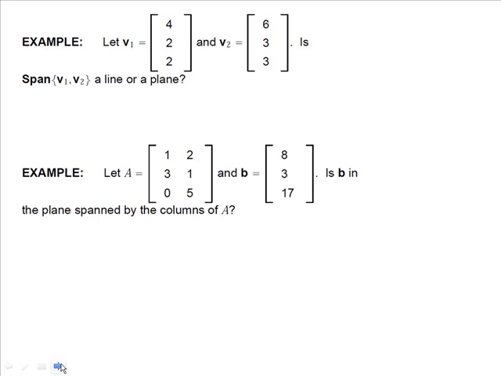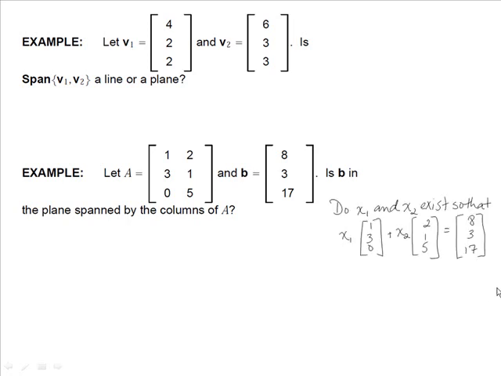And then for this next example that I want you to work on, given the matrix A and our vector b, we want to tell: is the vector b in the plane spanned by the columns of A?